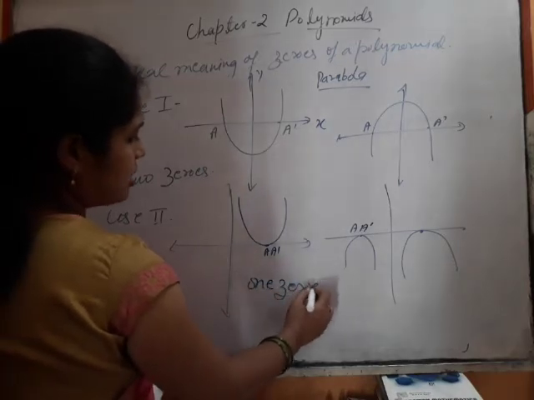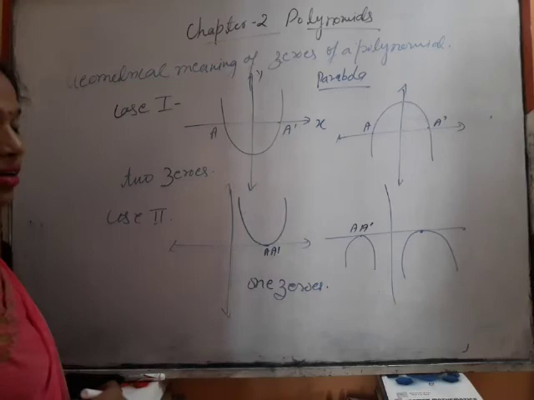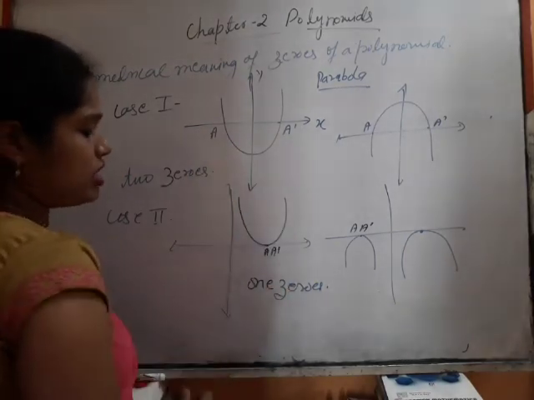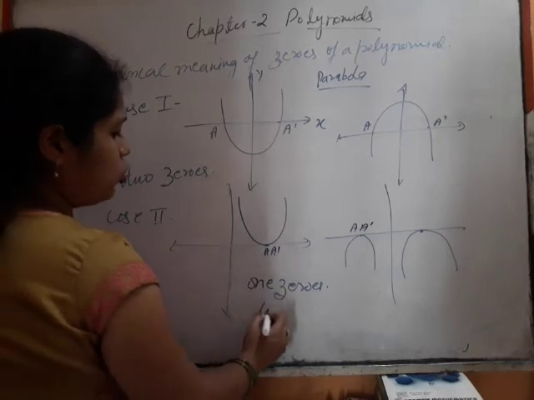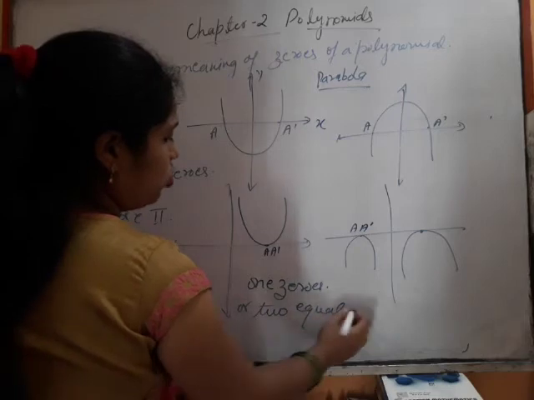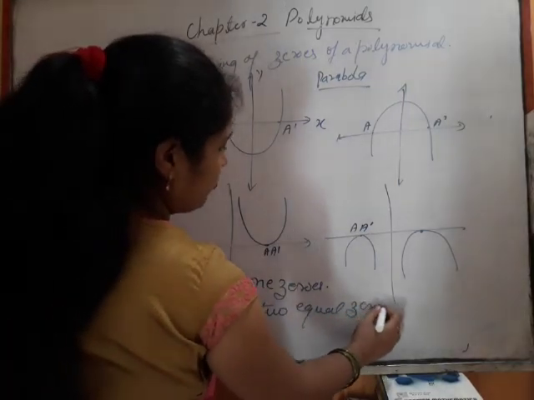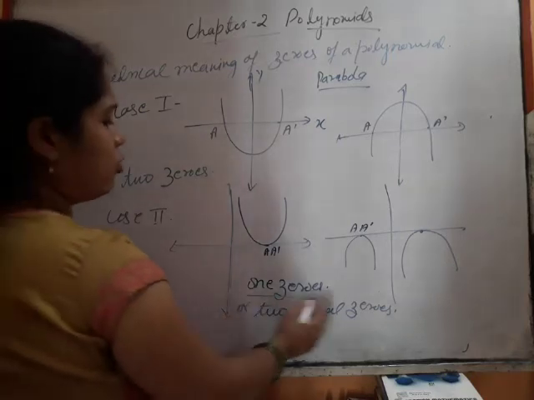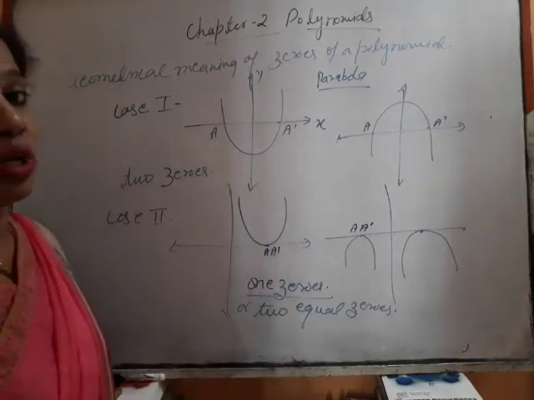So in this case, how many zeros will it have? Observing the parabola, we will have 1 zero. Even then it will have 2 equal zeros, but it will have only 1 zero. You cannot say that it has 2 zeros.